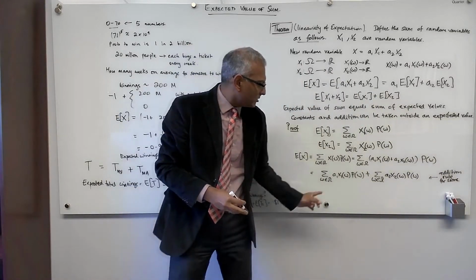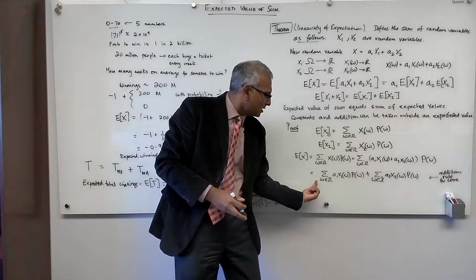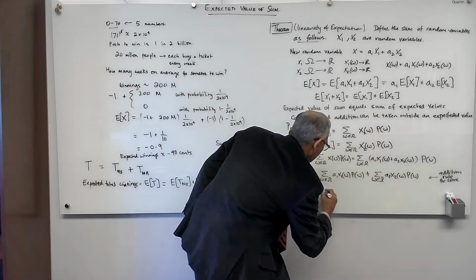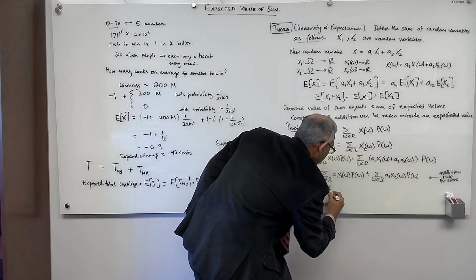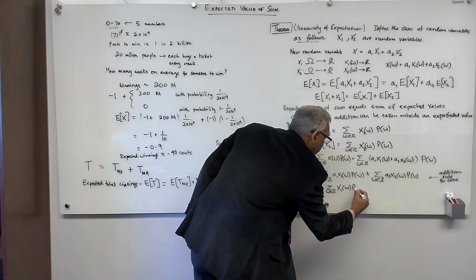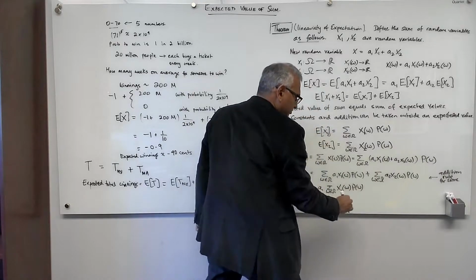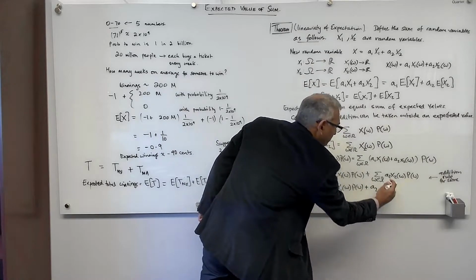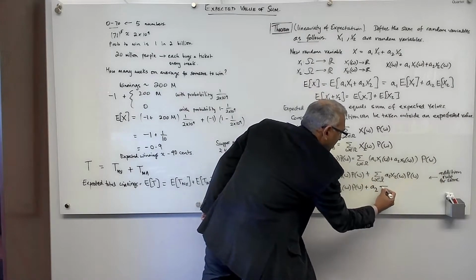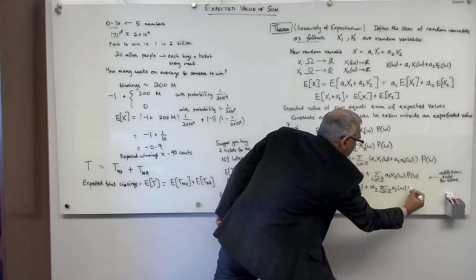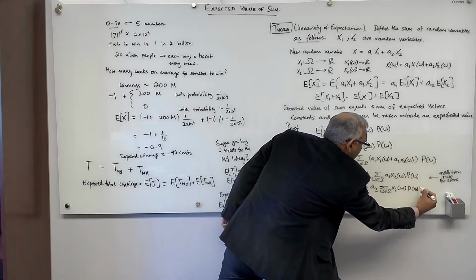Now I can apply the constant rule. I pull out the a1, I pull out the a2 from the sums. So this is equal to a1 times the sum over outcomes in my sample space of x1 of the outcome, p of the outcome, the probability of the outcome. So this is an expected value, plus a2, I pulled out the constant a2, sum over my outcomes, x2 of the outcome, p of the outcome.